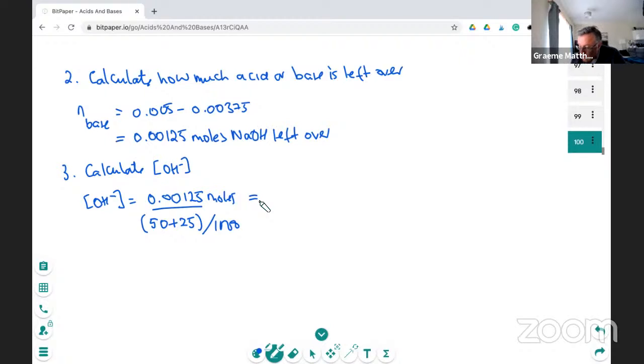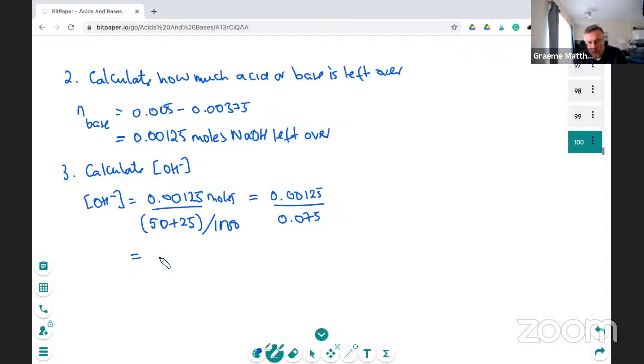So you see exactly where I'm coming from: 0.00125 over 0.075.